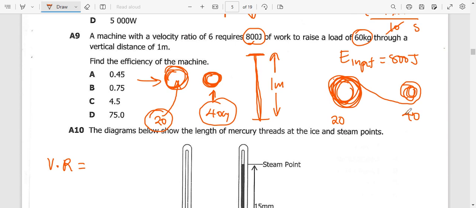You get that? Yeah. So meaning this one which is rotating is the driver. This one which is being rotated is the driven. Okay, yeah, so that is it.